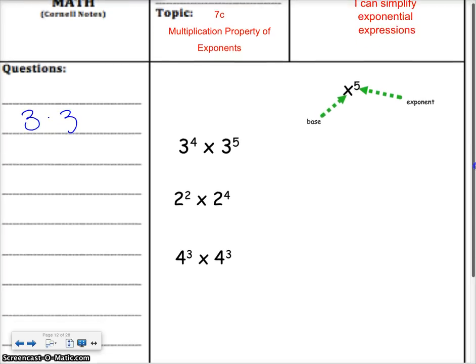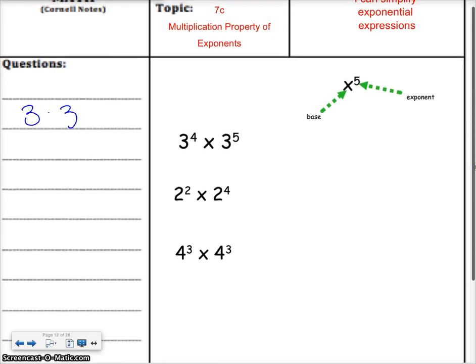I'm going to kind of scaffold your knowledge here to get you to develop the rule. And some of you are going to see it right away. 3 to the 4th is how many 3's? 4. So this is really 3 to the 4th is 3 times 3 times 3 times 3. 3 to the 5th is how many 3's? 5.